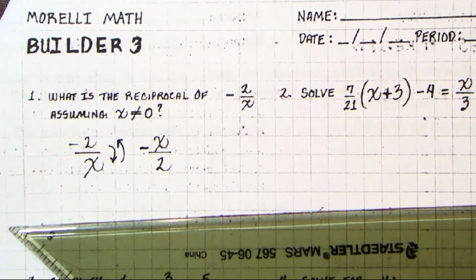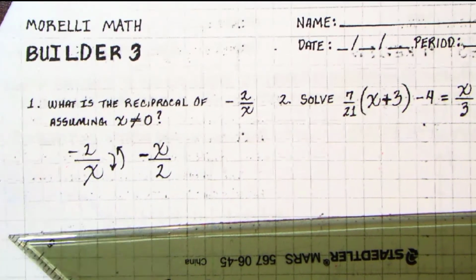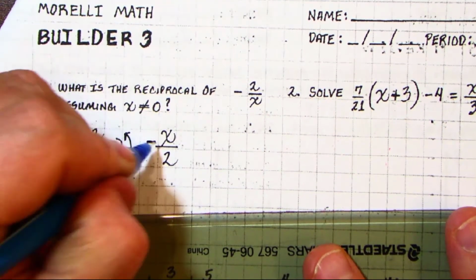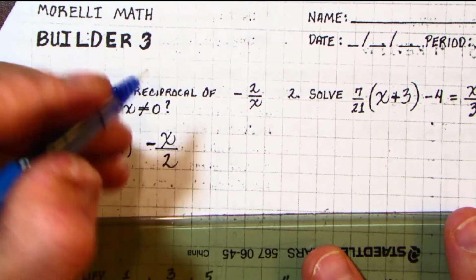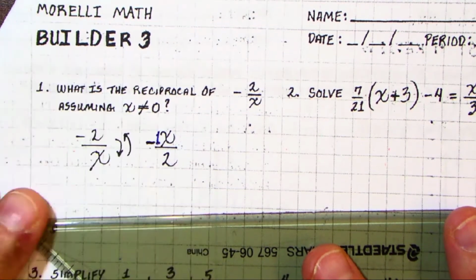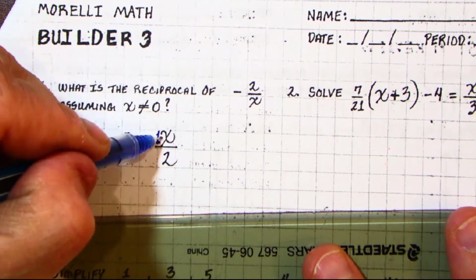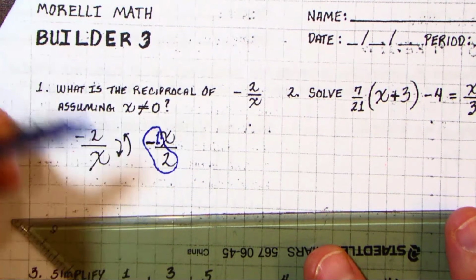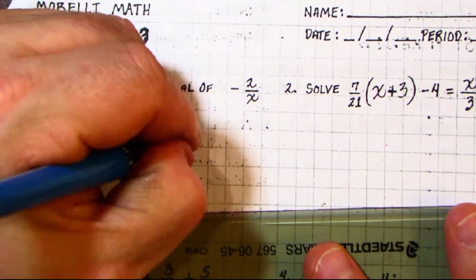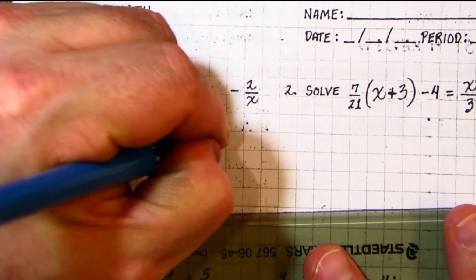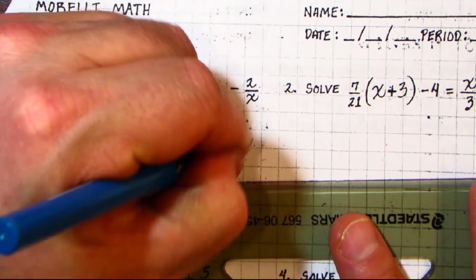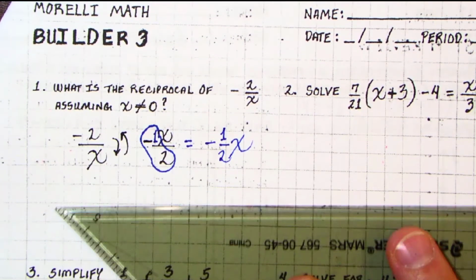Now, that's partly a correct answer. If you put that, that's fine. But what number should I put in front of the x? A 1. Okay. Do you understand that I can pull this negative 1/2 away from the x, and write this as negative 1 over 2x? These are equivalent expressions.